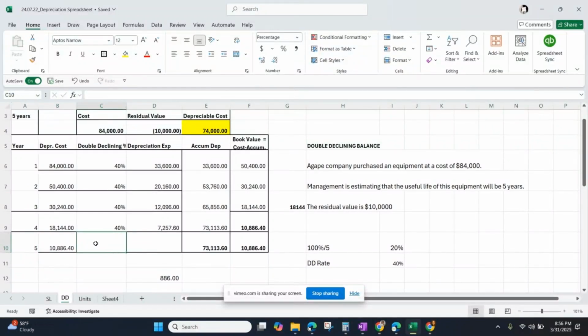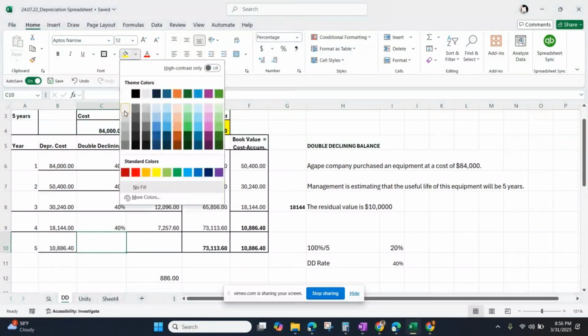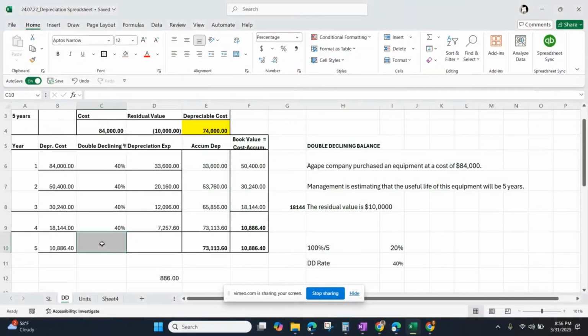For the last year, we do not calculate the depreciation based on the percentage. The final year depreciation expense is equal to the book value at the beginning of the final year, which is this one, minus the residual value.